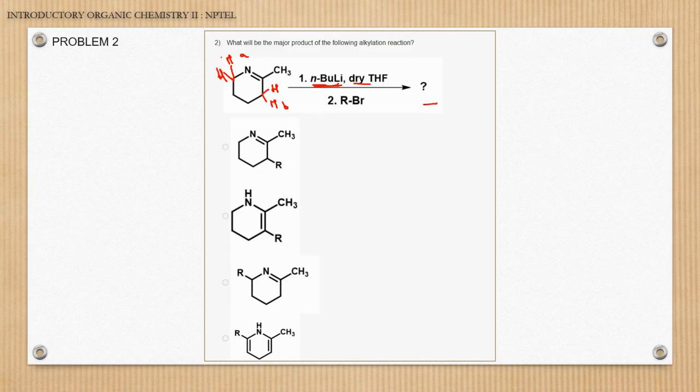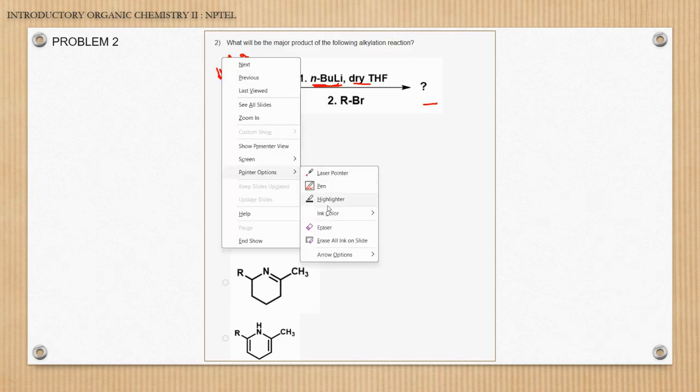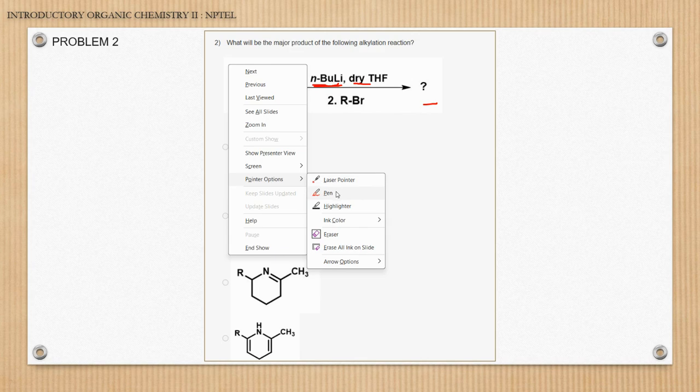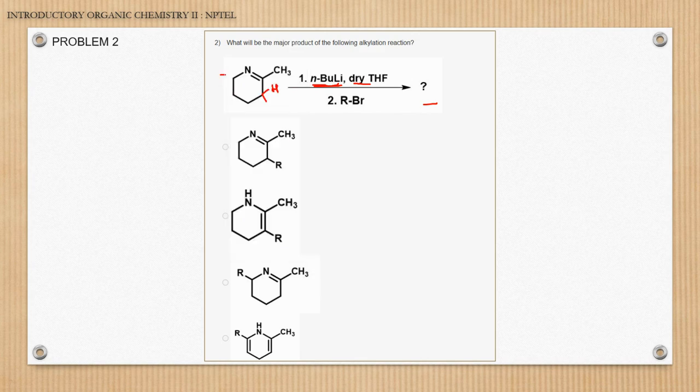Okay, so let us see what will happen one by one if the proton is getting abstracted from the A side as well as the B side. Here you are saying that A protons are acidic enough.